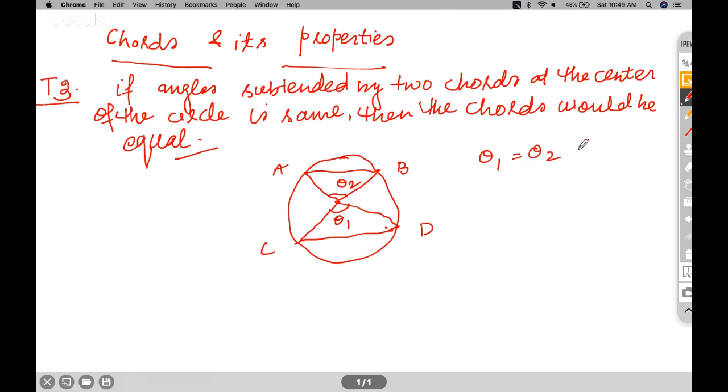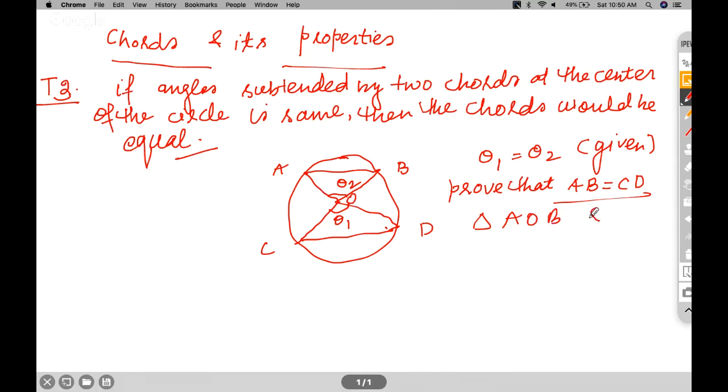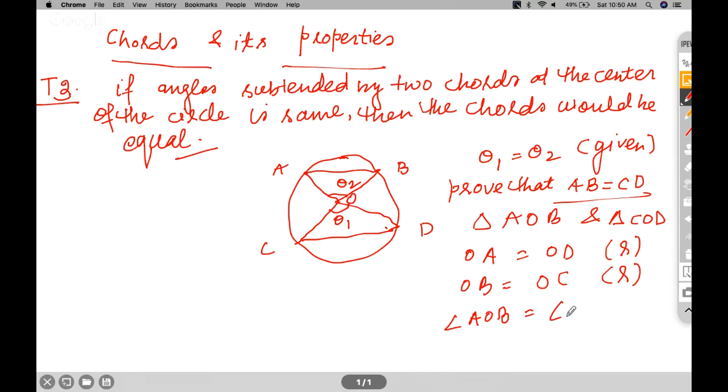Theta 1 is equal to theta 2 has been given, and I have to prove that AB is equal to CD. Now what I need is, I take triangle AOB, suppose this is O, and triangle COD. So I'll say that OA is equal to OD because it is radius, and OB is equal to OC because it is radius, and angle AOB is equal to angle COD.